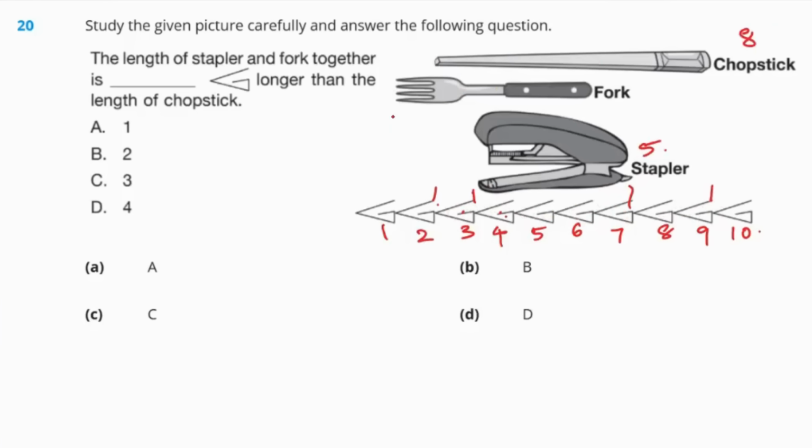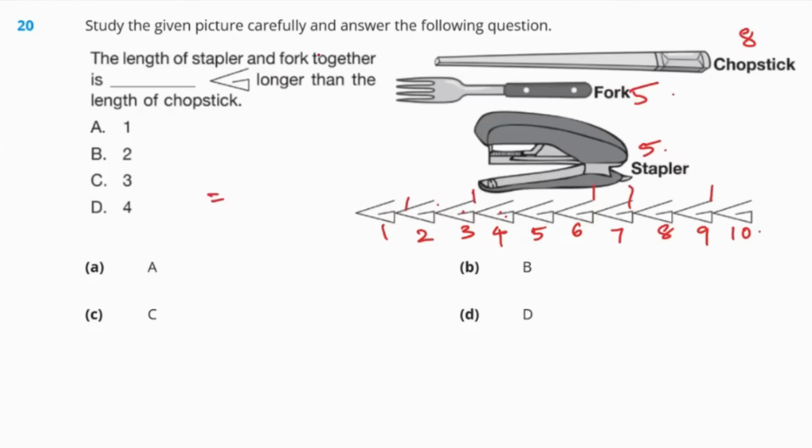And what about the length of the fork? From here to here, 1, 2, 3, 4, 5. The length of the fork is also 5.